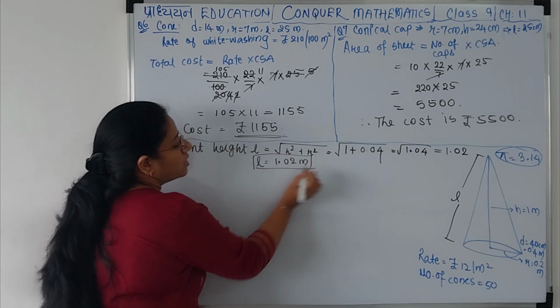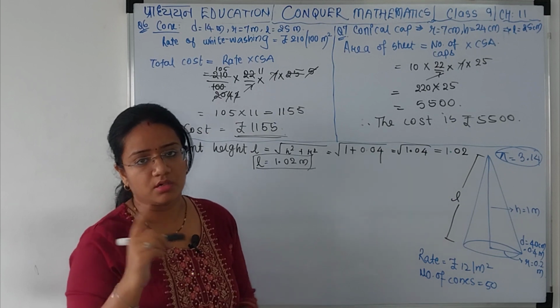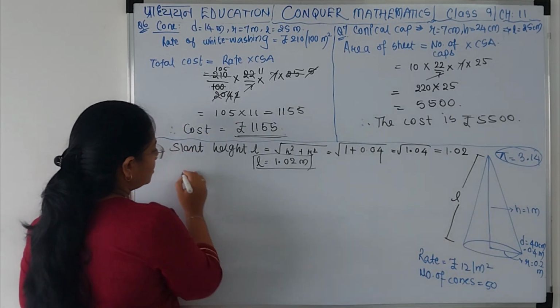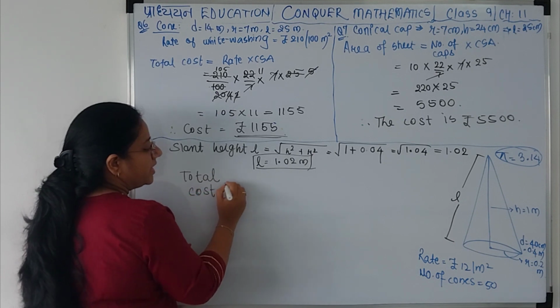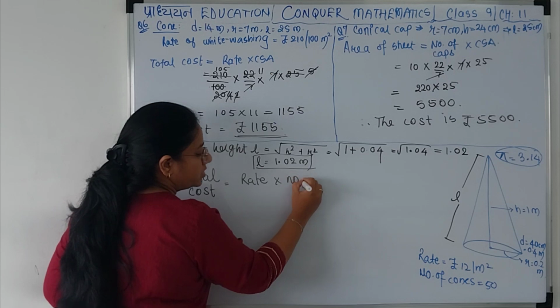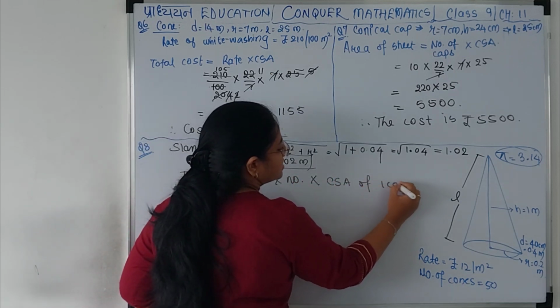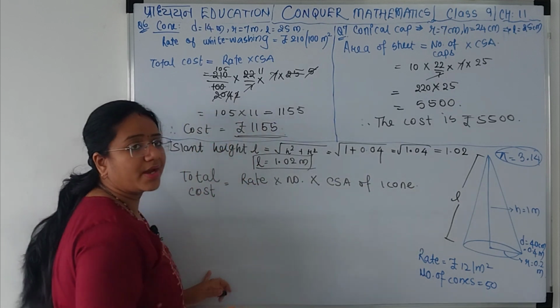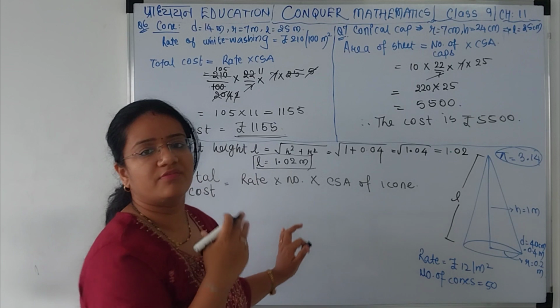Now, don't go for finding the CSA of one cone. Let's do one thing. Total cost of painting will be equal to rate of painting into number of cones into CSA of one cone. Correct? Easy? ये एक ही स्टेप में हो जाएगा. ये मल्टीप्लिकेशन करेंगे तो it becomes easier to cancel out the values.